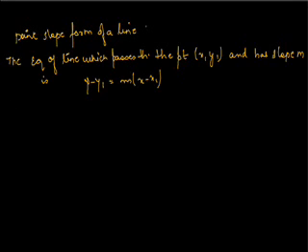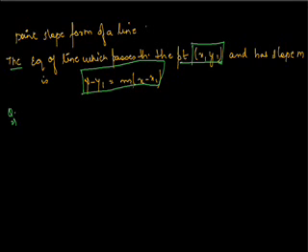Okay, now we'll be doing some questions over it. The point slope form is, again, the equation of a line which passes through one given point (x1, y1) and has slope m. So the equation will be y minus y1 is equal to m times (x minus x1).